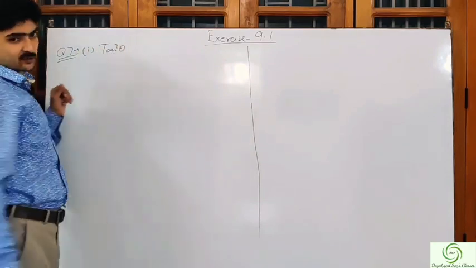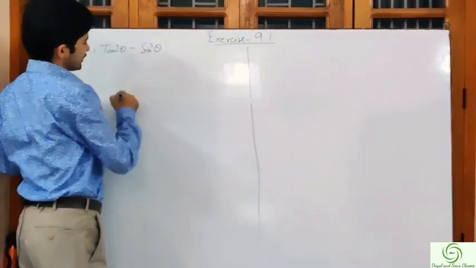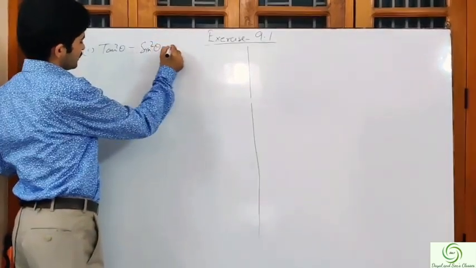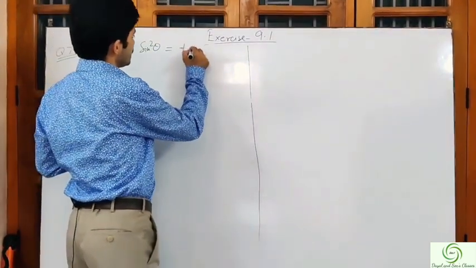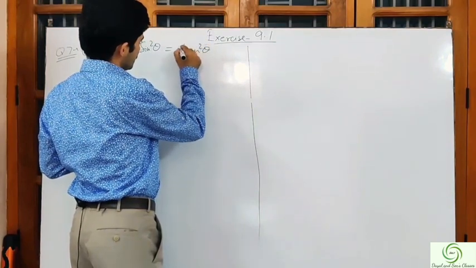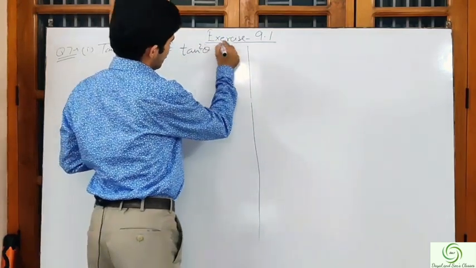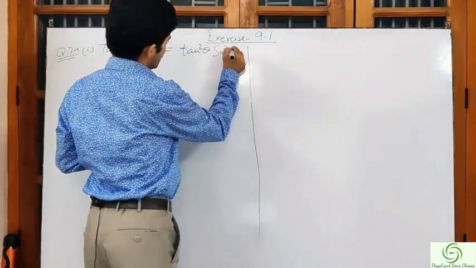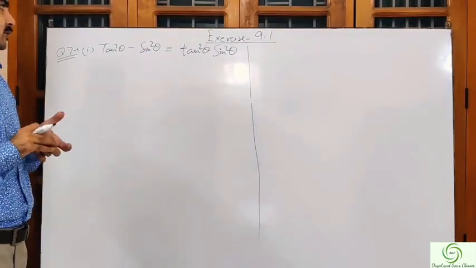Prove that tan square theta minus sin square theta is equal to tan square theta into sin square theta.